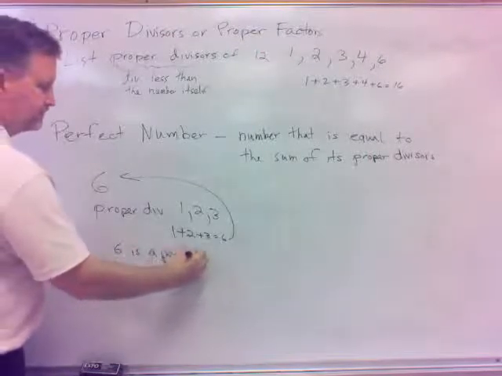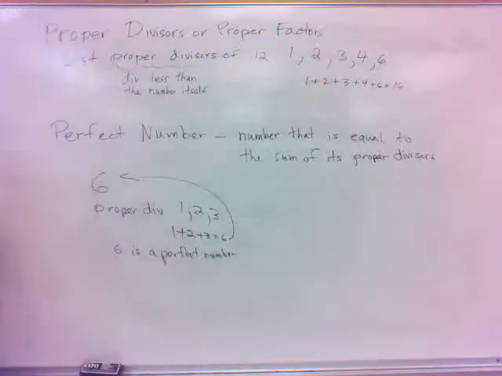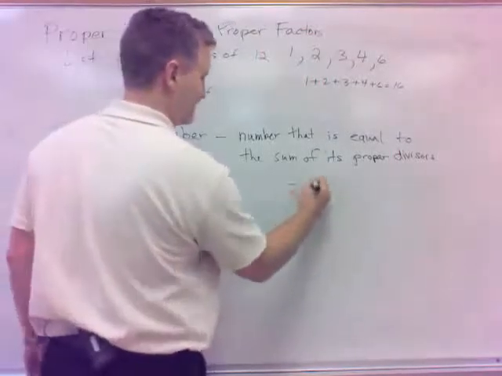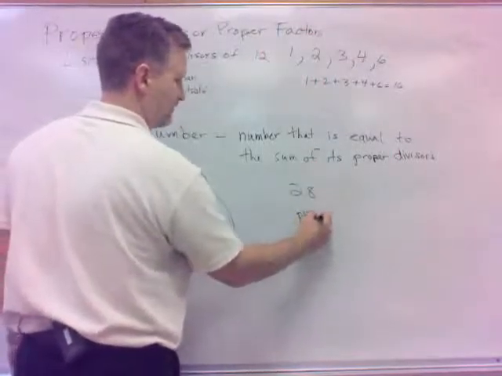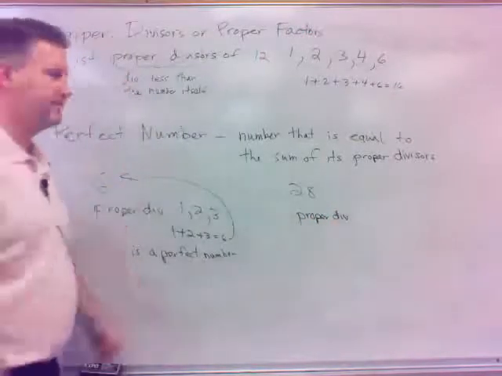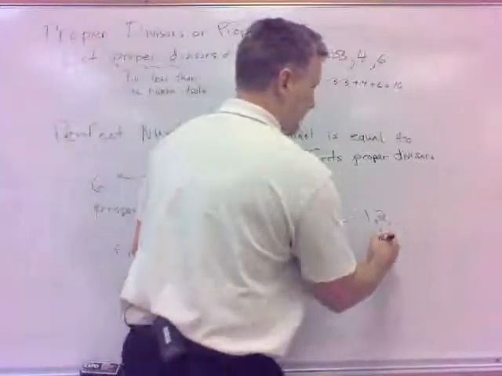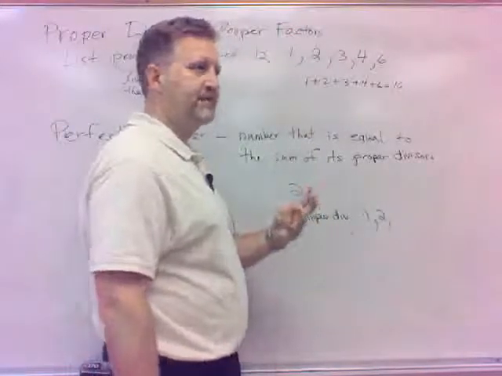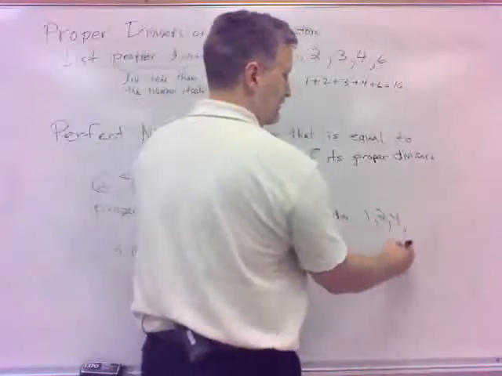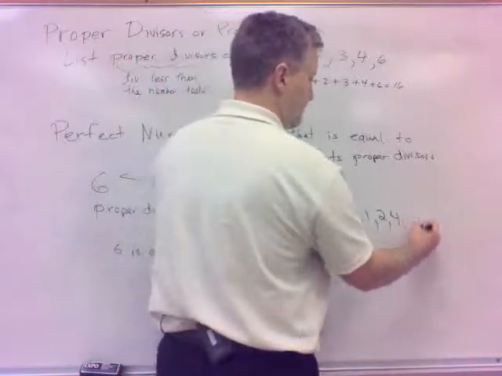Okay, well, we have to go down the list a little bit to find the second one. Let's look at 28. What are the proper divisors of 28? 1, 2, what's next? 4, and then 7 and 14.